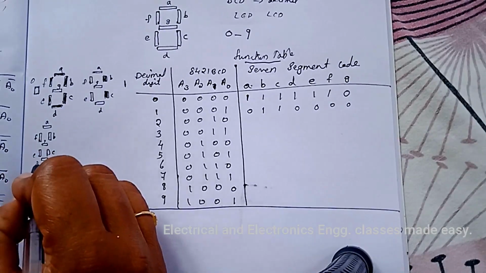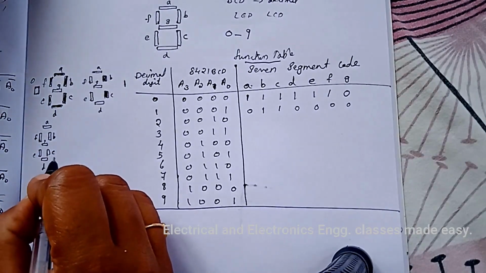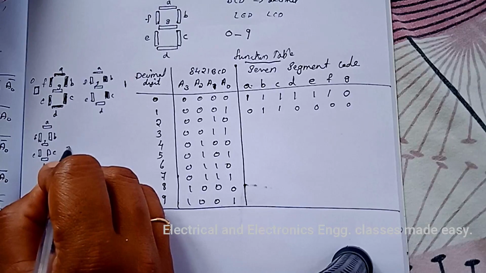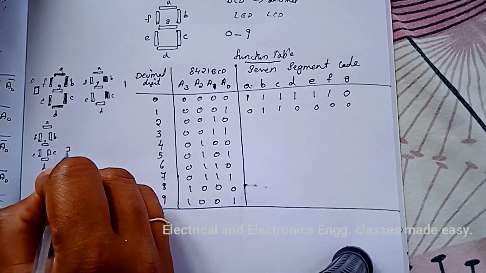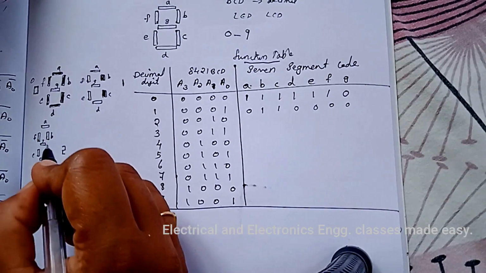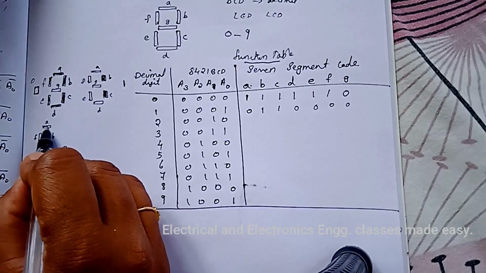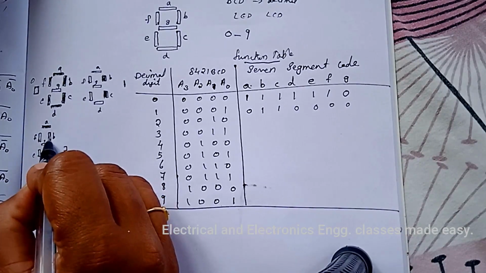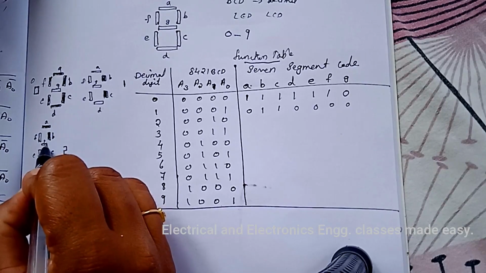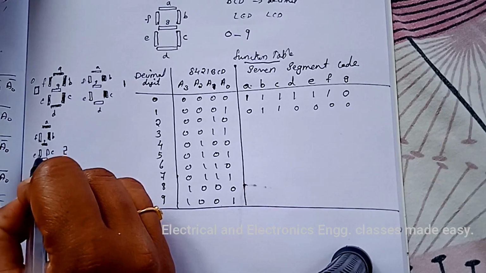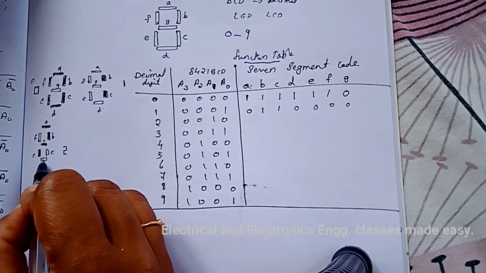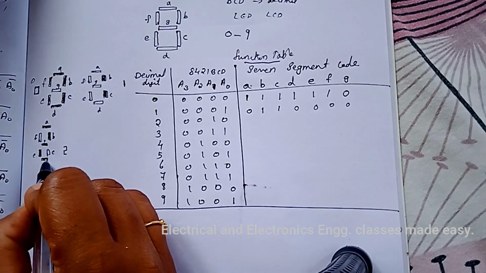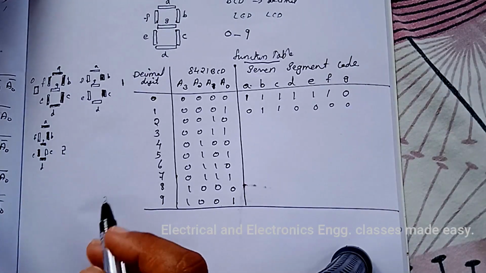Next is number 2 and number 2 will be displaying like this. So here the segments A, B, G, E and D will be displaying.